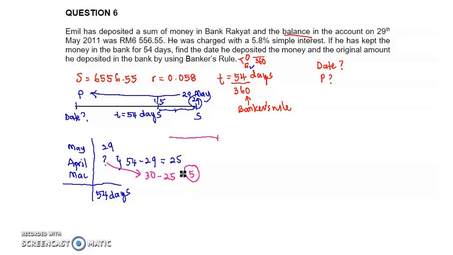Let's say here is, you assume 30th April. So now we go backward, right? From 1st May here, so go backward. So here will be April. We need another 25 days.